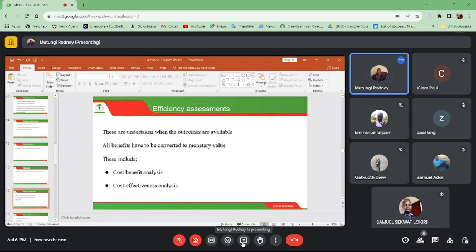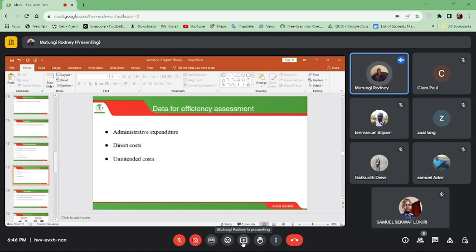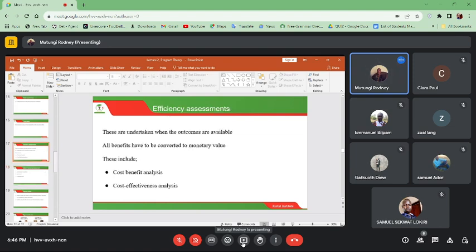That is what we are looking at, and we use such techniques as cost benefit analysis and cost effectiveness analysis, but they are all trying to look at how efficiency was achieved. And with efficiency, you are looking at the cost of that intervention. The intervention could have been good, but it was very costly.